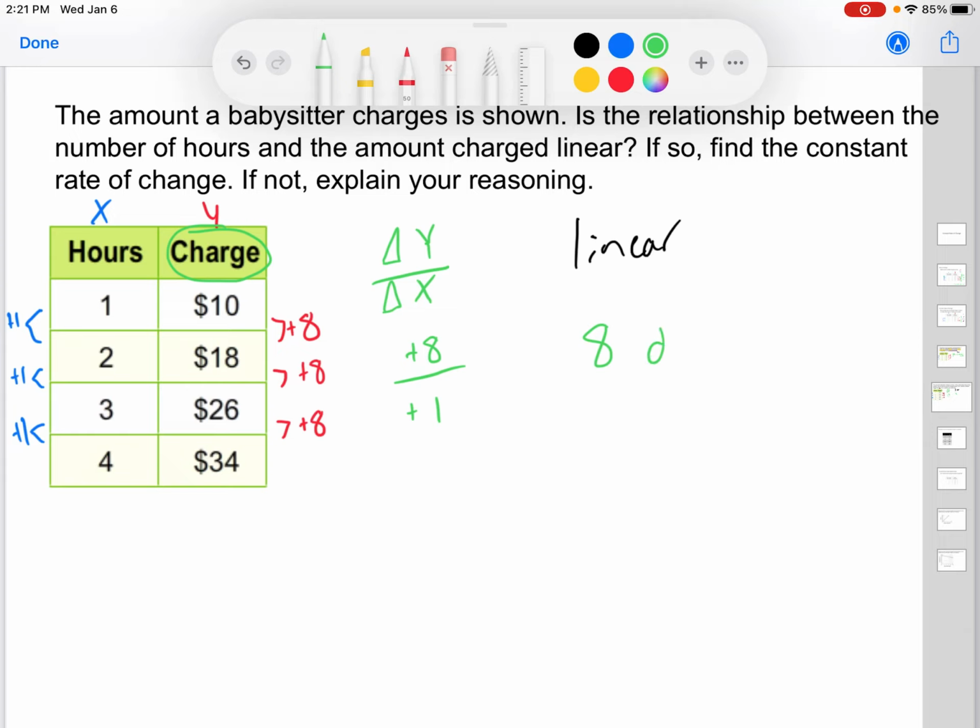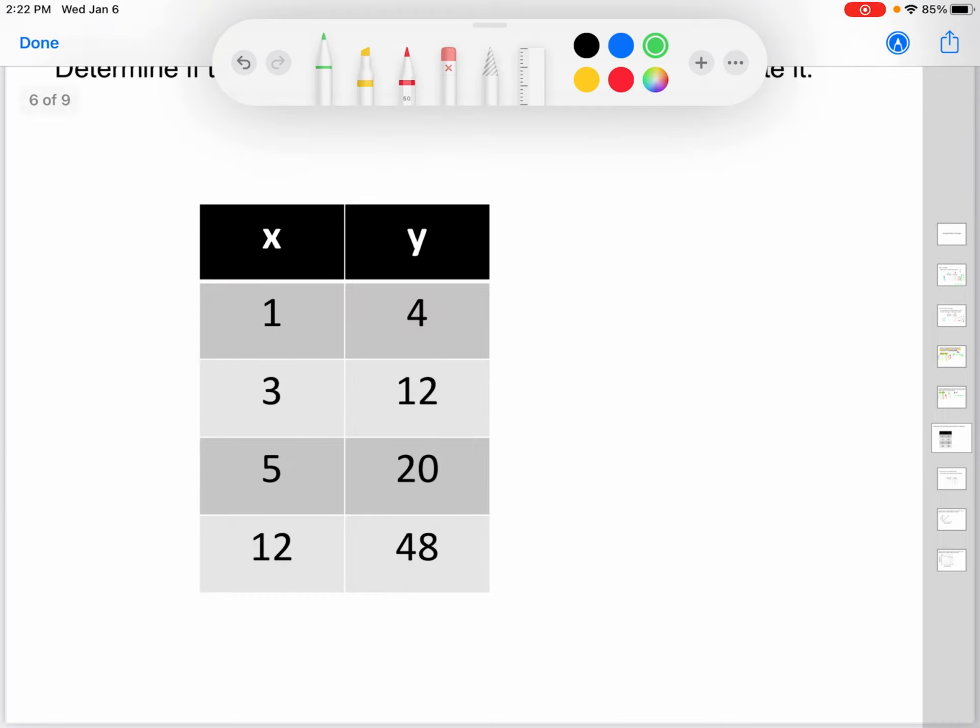So $8 per my x, which is hours. So $8 per hour. Okay? Lovely. Moving on.